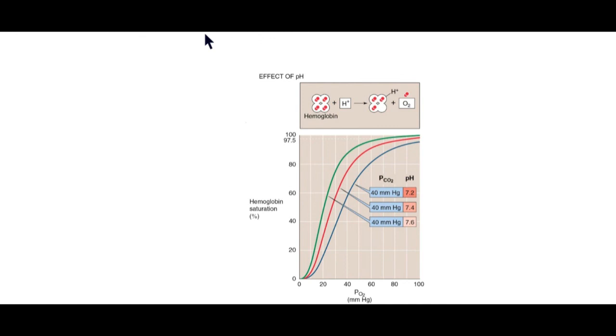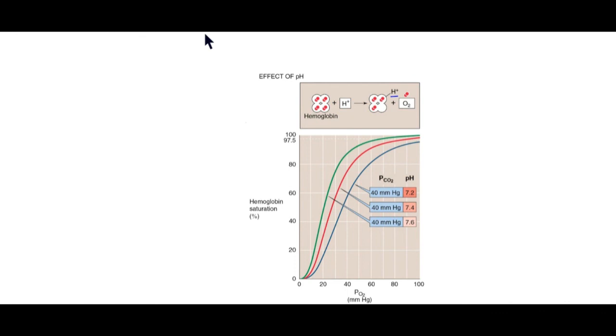Up here at the top, you can see that when you have excess amounts of acid, it actually will interact with hemoglobin. Hemoglobin is actually a very good buffer of acid. So if you have acidic fluids, acidic tissues, that excess acid can bind and interact with your hemoglobin. When it does, though, it changes the conformation a little bit and causes hemoglobin to release oxygen.